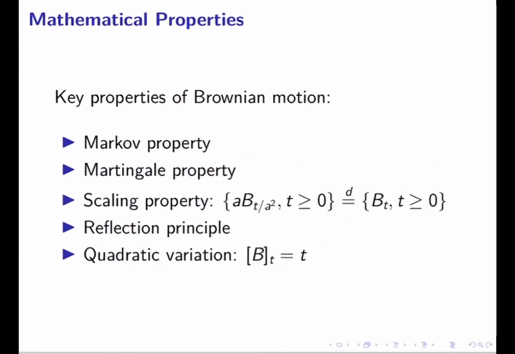Brownian motion has several important mathematical properties. It satisfies the Markov property, meaning its future behavior depends only on its current state, not its past. It is also a martingale, which means its expected future value equals its current value.